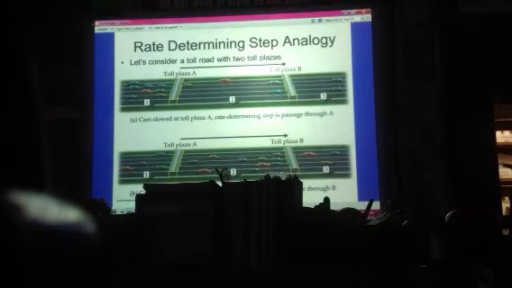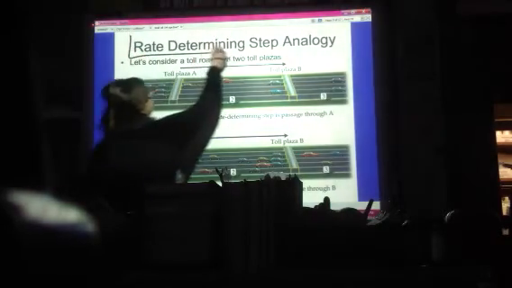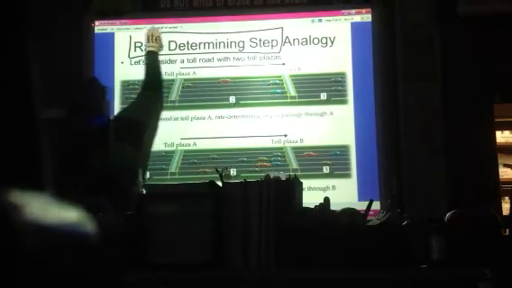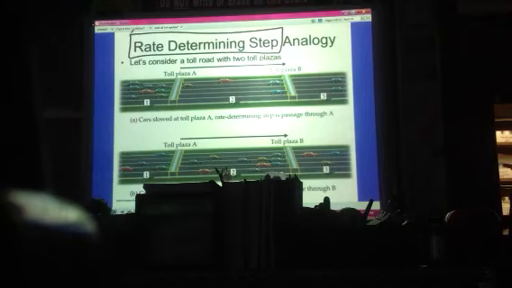Okay, so I think your book does a really good job with an analogy for the rate determining step. A rate determining step, what does that mean? A rate determining step means that this is the step that the reaction rate will depend on.